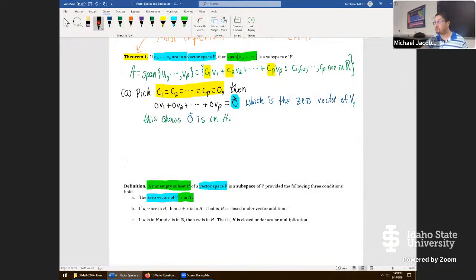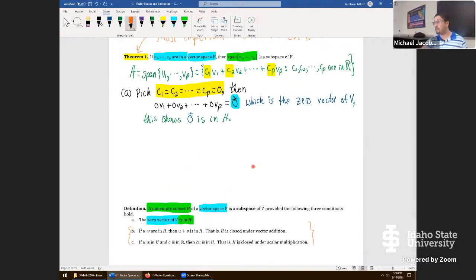So next thing we have to do is show closure properties. There's two closure properties we have to hit. But because this can be tedious, this is a longer proof because of the writing. Let's indicate vectors U, V and a scalar C all at once. So we're going to consider our vectors to be in the scope of both part B and C simultaneously.